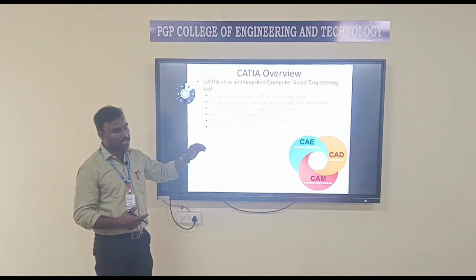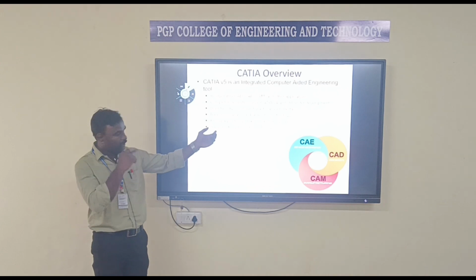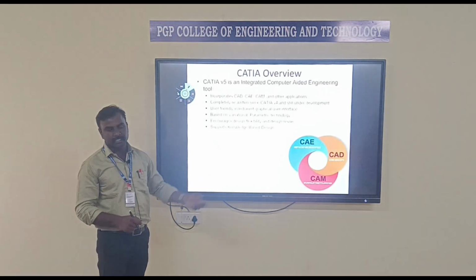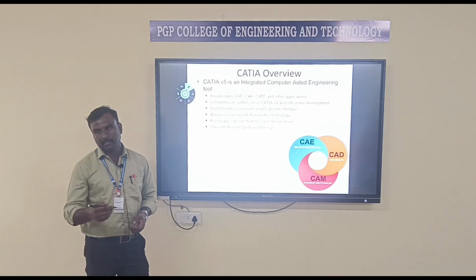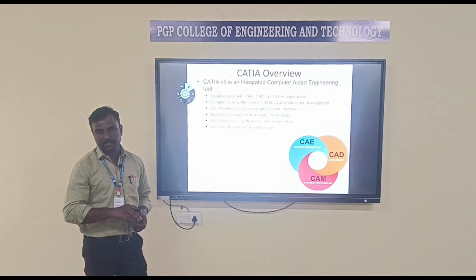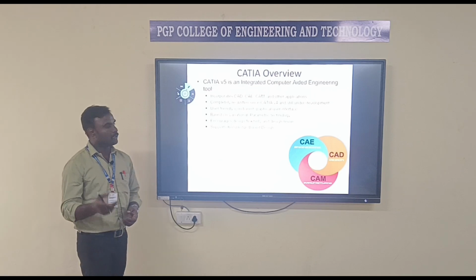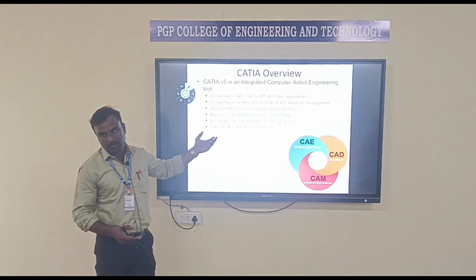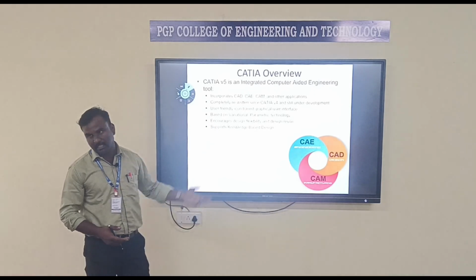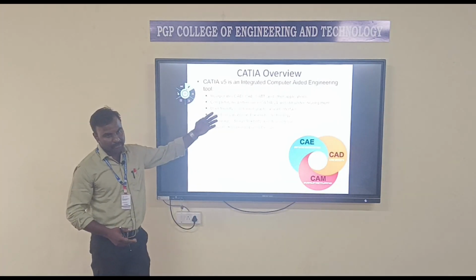By using G code and M code, it will produce the programs, and then it can simulate within the program itself. Then we can transfer this program to the CNC machines. The CNC machines, in reality, will produce the same thing that we designed in the CAD software.